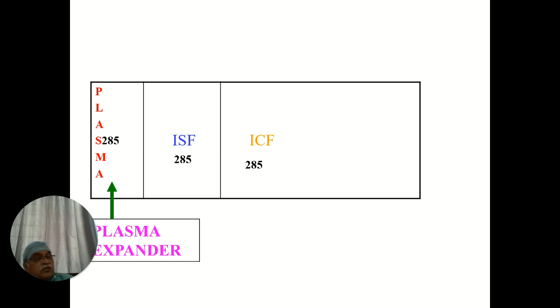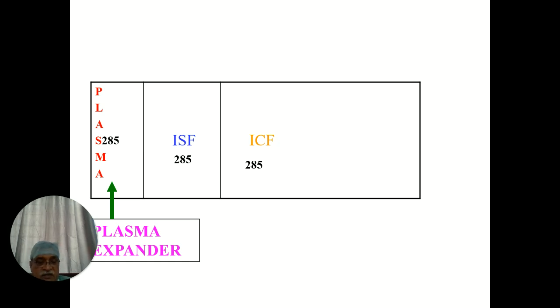There are some other types of colloids available which will remain in the intravascular compartment, and because they are hypertonic, they draw fluid from the interstitial compartment into the intravascular compartment, thereby expanding the intravascular volume.